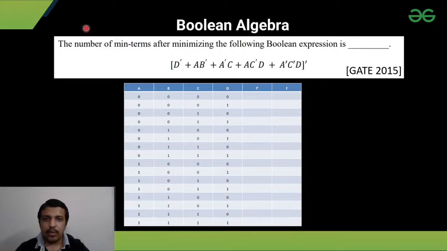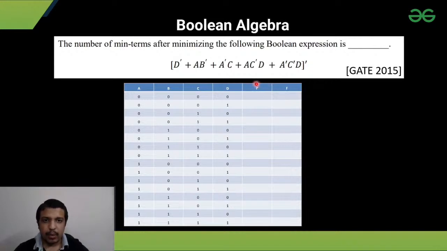In this question, we need to find the number of minterms after minimizing this Boolean expression. Suppose I do not consider this complement sign, then I will get the complement of this Boolean expression. Suppose this Boolean expression is f, I will get f complement if I do not consider this complement symbol.